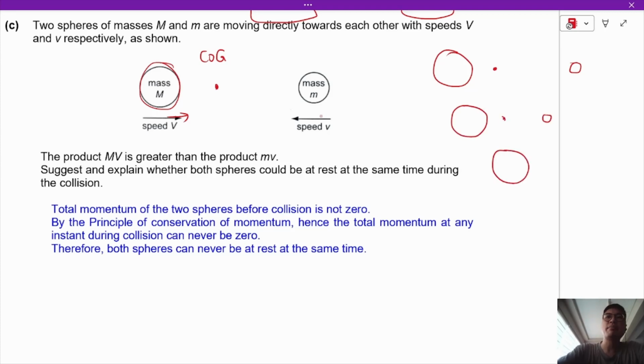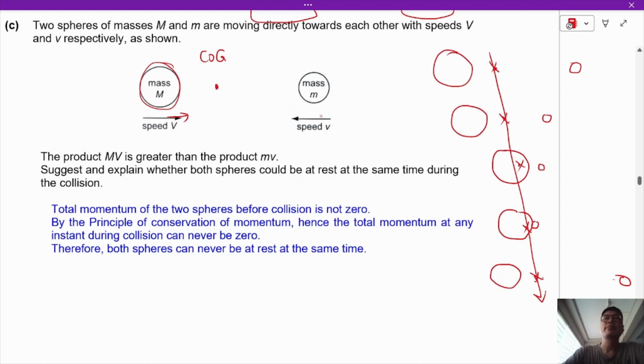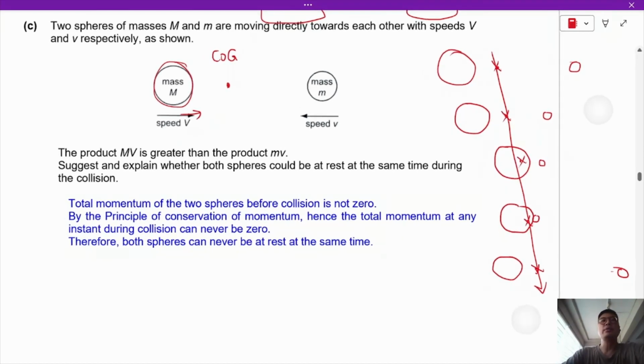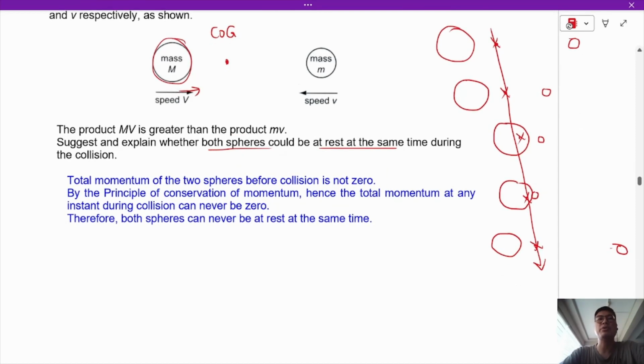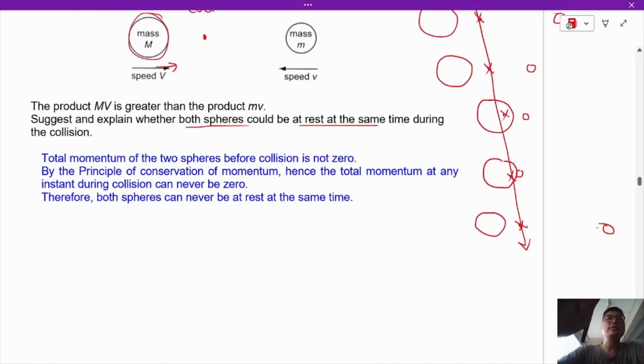So even as the masses are moving, and then maybe touch each other, and then bounce away, the center of mass of the system will still be moving to the right. So the question now is, can both spheres have 0 speed at a single time during the collision? Now, the answer is no.